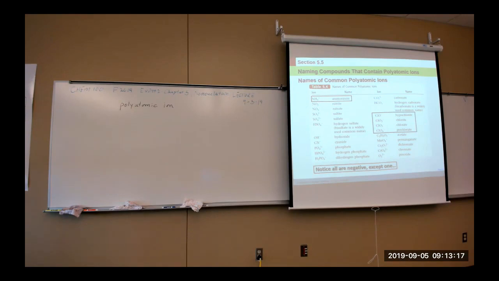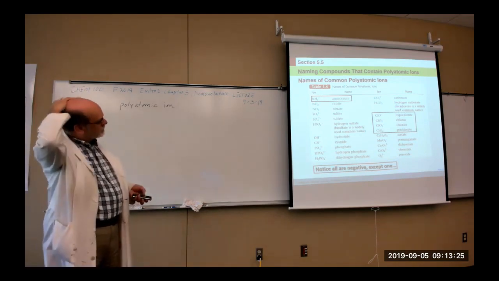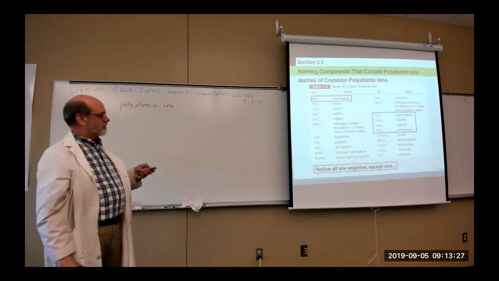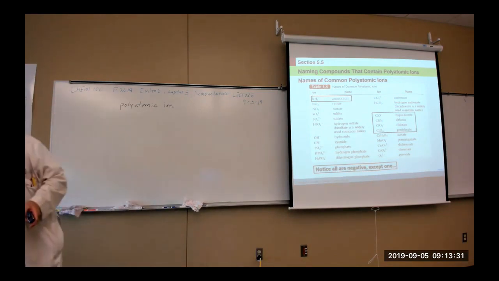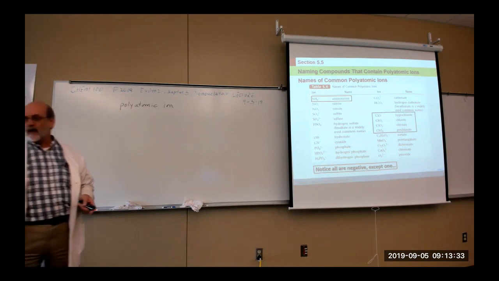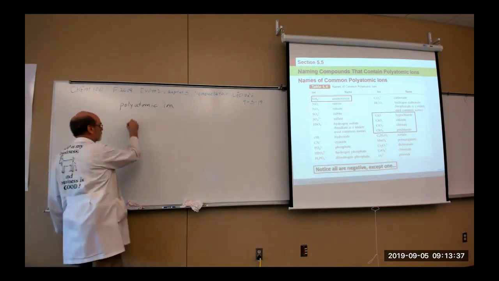So whichever one you prefer to use to find the polyatomic. This is a short list. And first thing you'll note is that in this list and in that one, there's only one polyatomic that has a plus charge. That's ammonium.